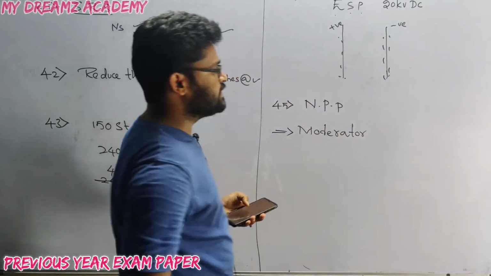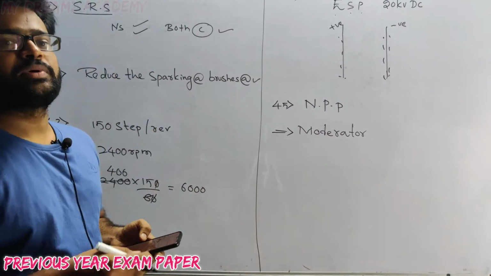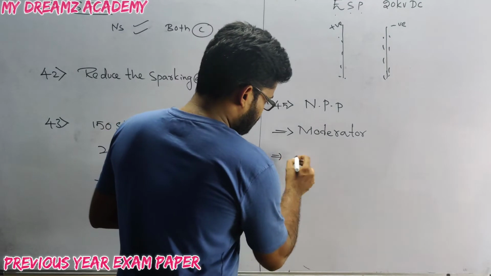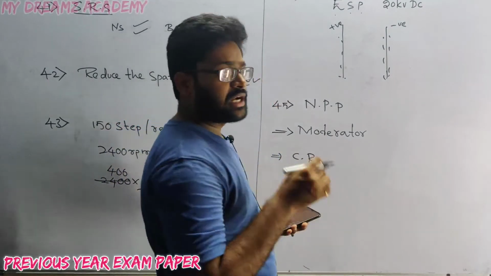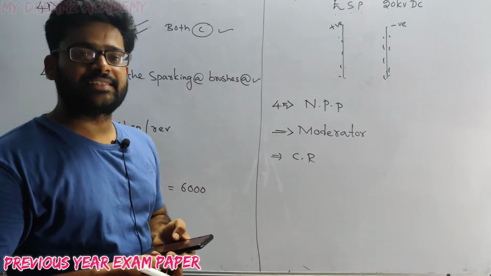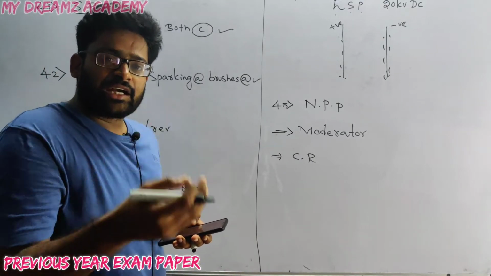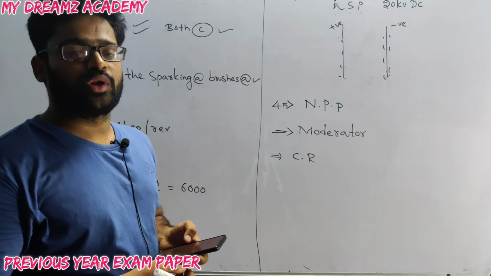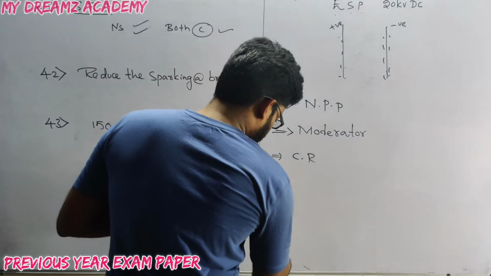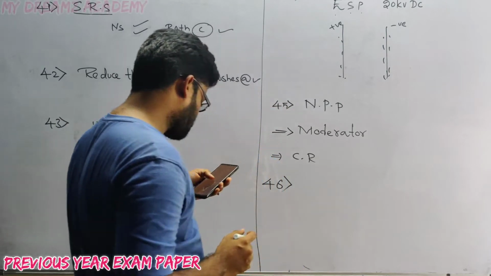So the moderator is used to reduce the speed of the neutron. Similarly, we have control rods. The control rods used in the nuclear power plant control the chain reaction of uranium.